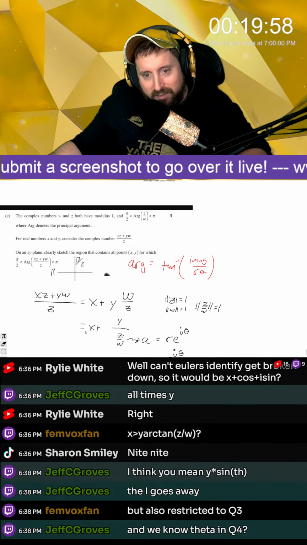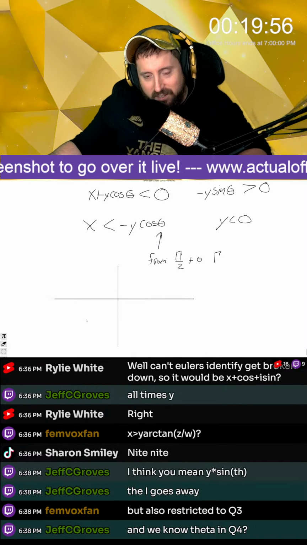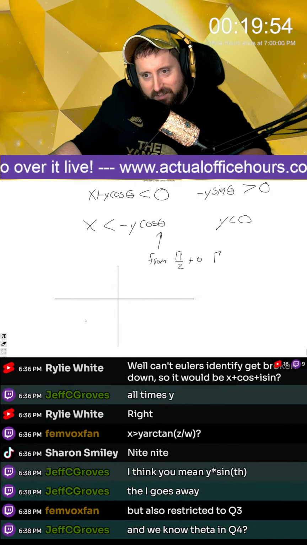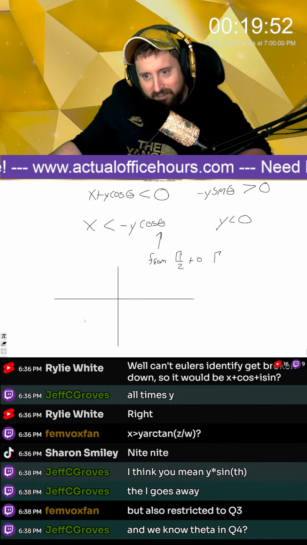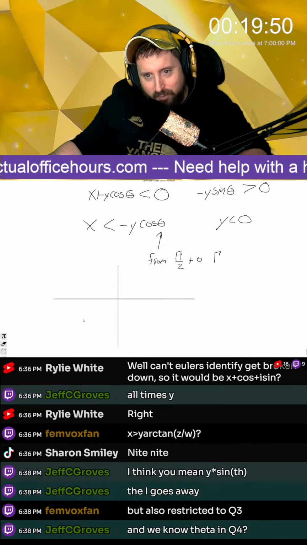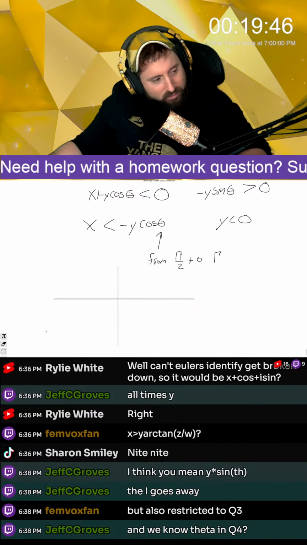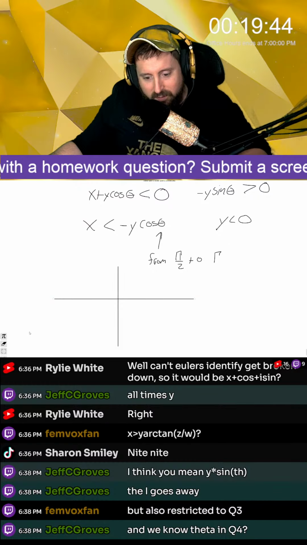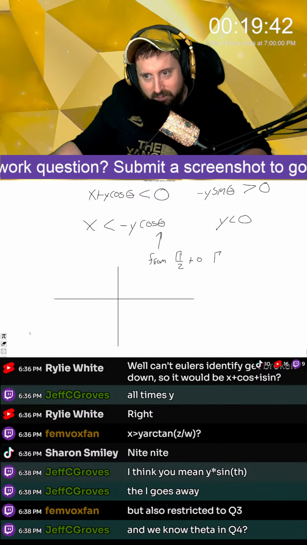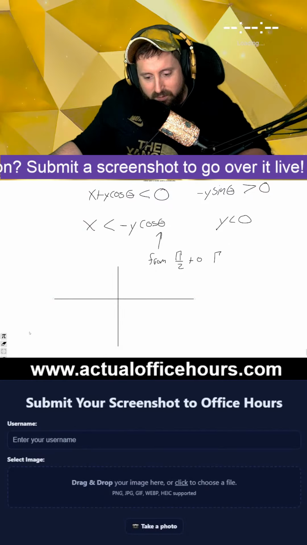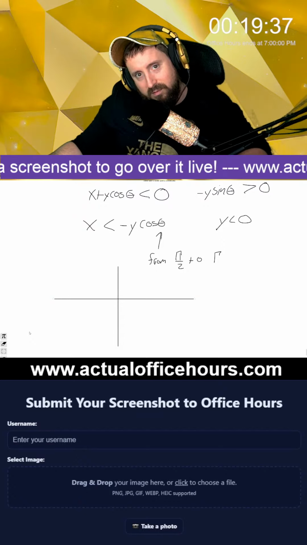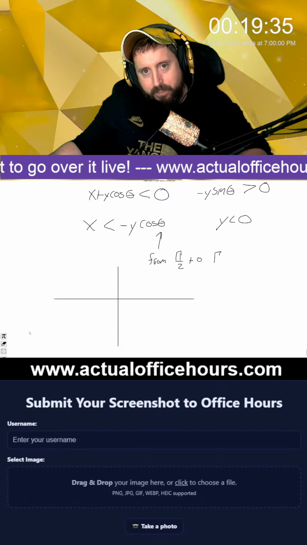On an xy plane, sketch the region. Because it varies, right? Cosine pi over 2, so x is less than 0. It's a triangle in Q3.